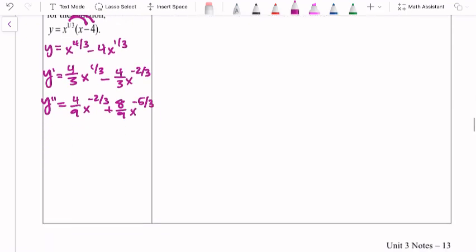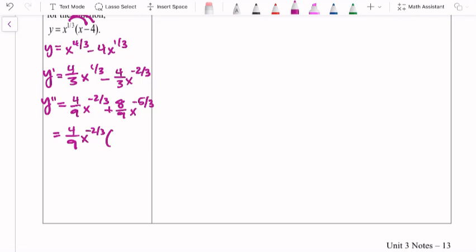Okay. Let's go ahead and factor out our greatest common factor. I think we're going to have 4/9 x to the negative 2/3 in common between all of this.